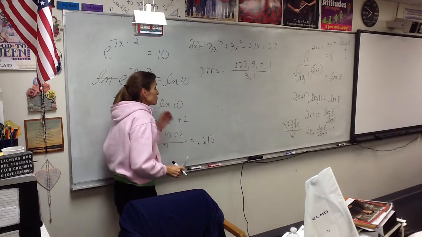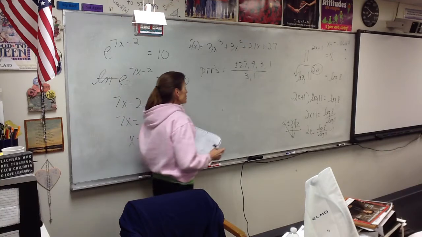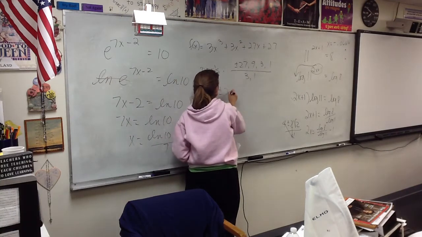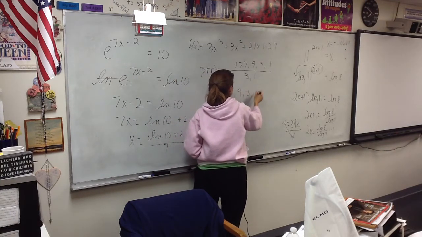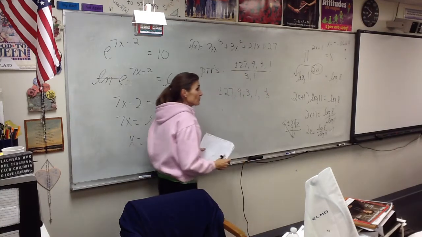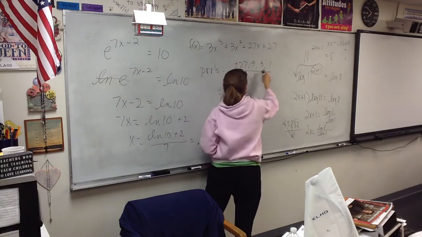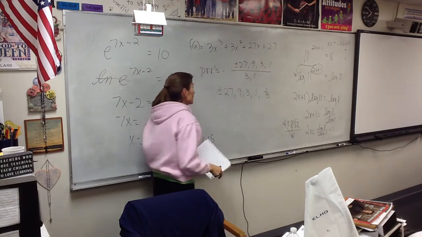So all the factors of 27 over all the factors of 3. I do want to caution you that includes not just 27, 9, 3, and 1, but also 1/3. You see how 1/3 comes into play there? Because you have to take 1 over both of these. So 1 over 3 would give you 1/3.